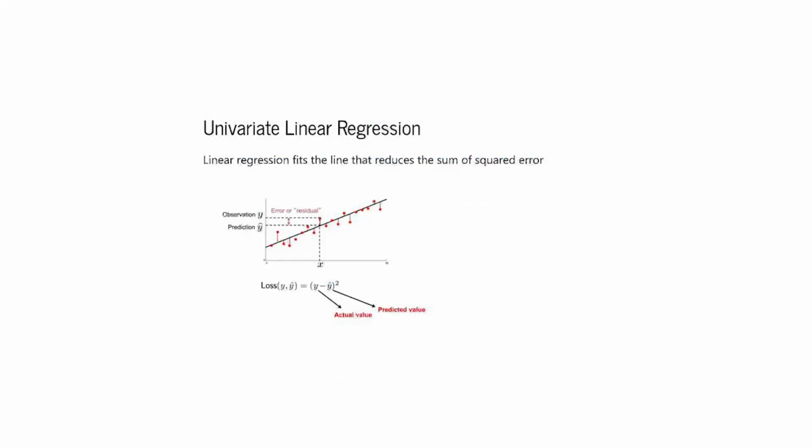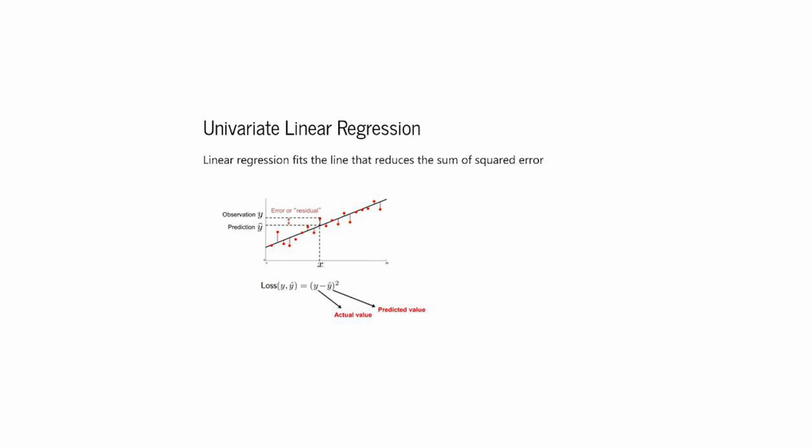Let's come back to the most basic version of linear regression, called univariate linear regression, or linear regression with only one feature. With only one feature, the output is basically a line. This line is the one that minimizes the sum of squared errors. A squared error is the difference between our actual value, y, minus our predicted value, represented by y hat, squared.